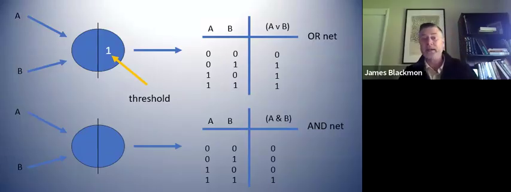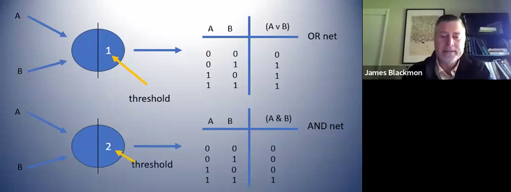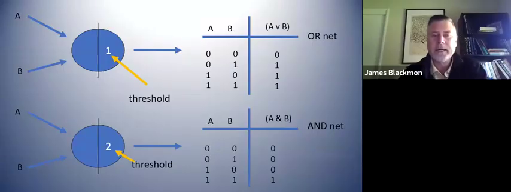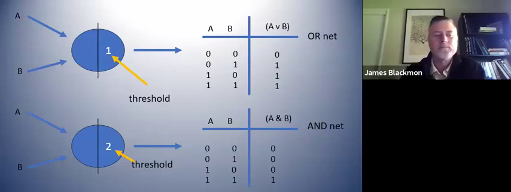You need both A and B to be sending in one input each, and that adds to 2. So the threshold for the and neuron or net is 2. And that's how you get these very simple gadgets to compute or and and.